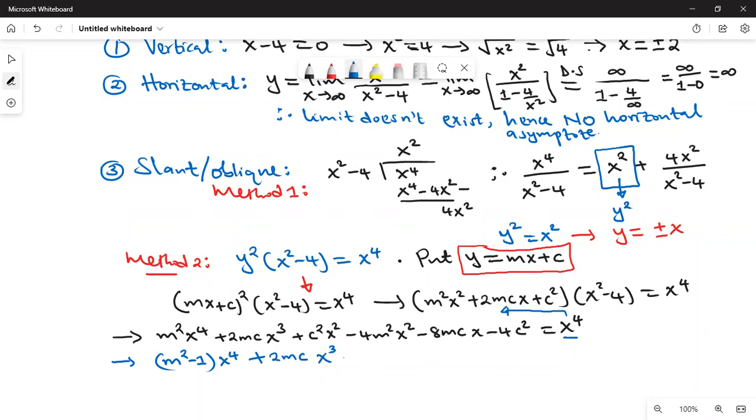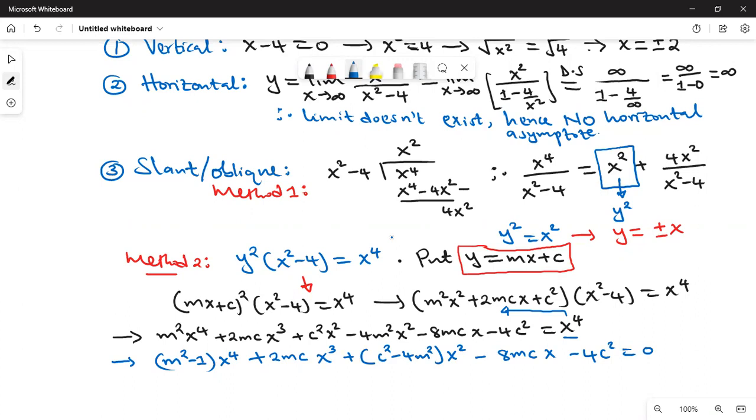Coefficients of x squared: plus (c squared minus 4m squared) x squared. Coefficients of x only, you can see this minus 8mc x minus 4c squared is equal to 0.